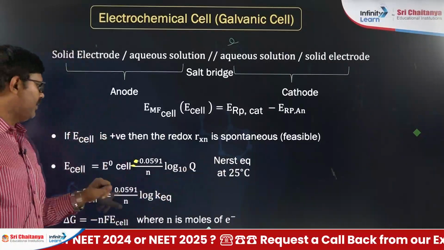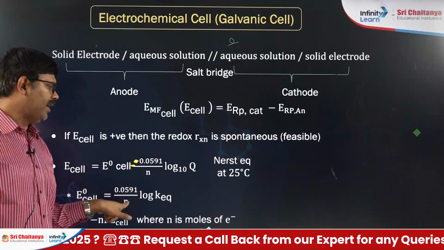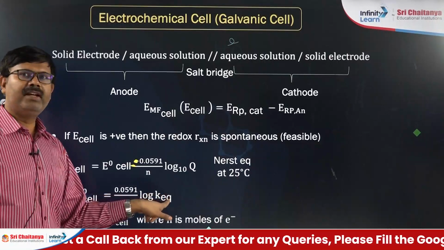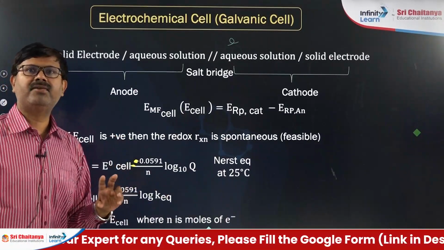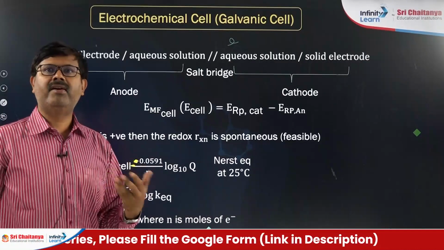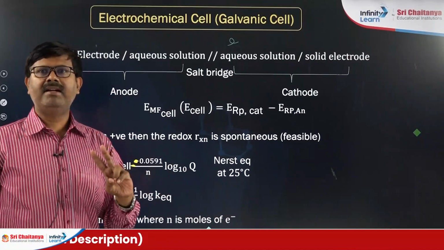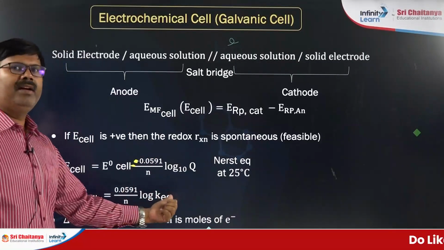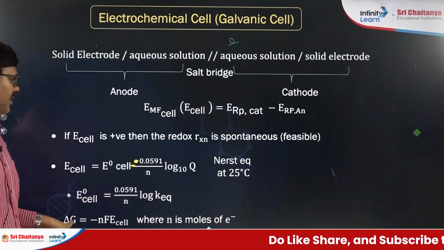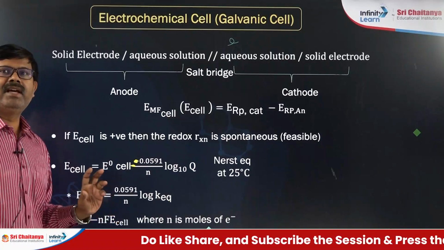Next, E naught of cell is equal to 0.0591 by n into log of the equilibrium constant. Sometimes they will ask you to find the equilibrium constant of a redox reaction or galvanic cell reaction. Then how to calculate? Using E naught of cell in this formula, you can get the equilibrium constant. Next, delta G, the Gibbs free energy.